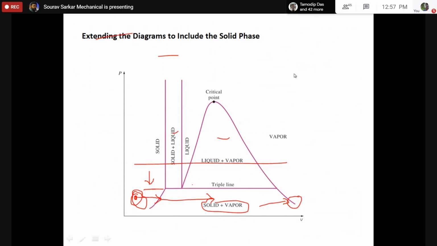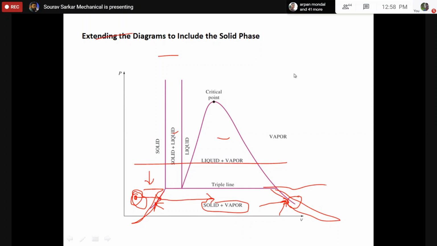So along this line the conversion starts, and whenever it reaches this line, the conversion ends. Last day we discussed camphor: at 1 atmosphere it is below this pressure line.